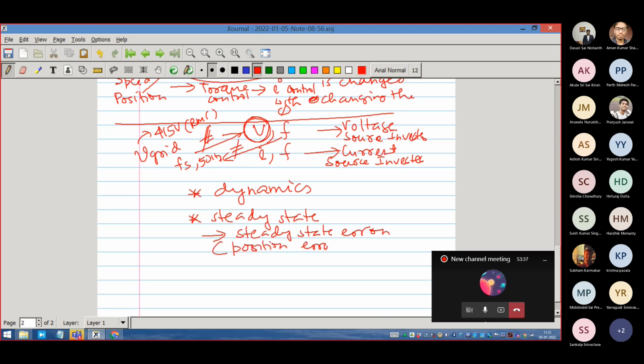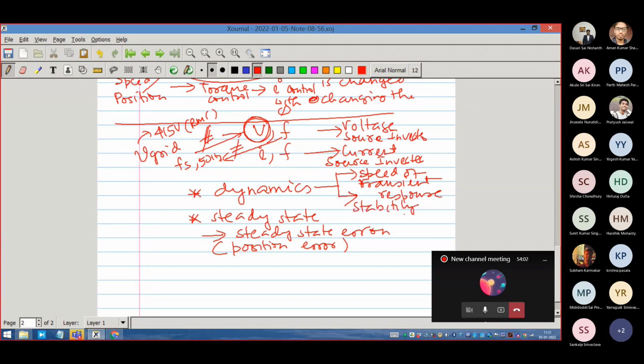And dynamic performance is given by the speed of response, or transient response, and stability.